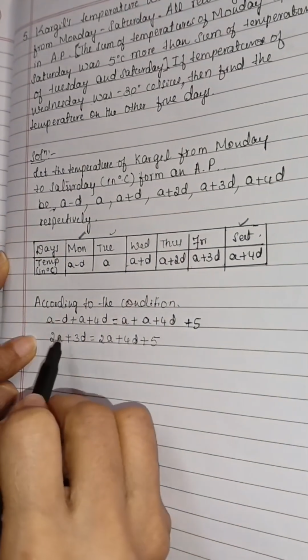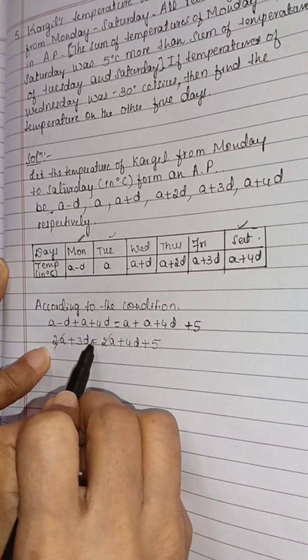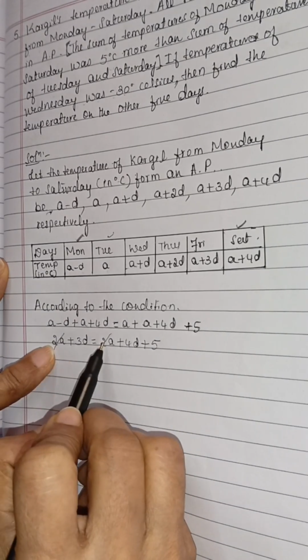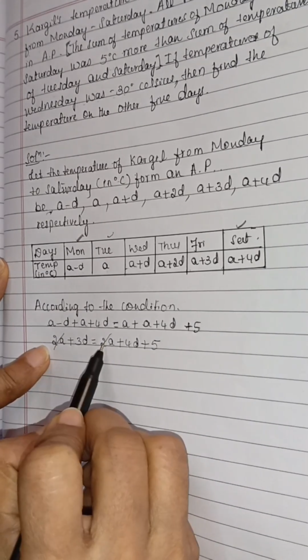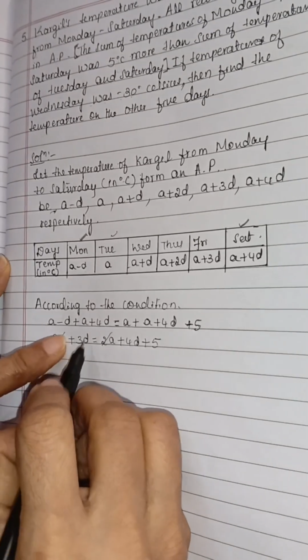Plus 2A and 2A get cancelled, because if you bring 2A to the left hand side, that will become minus. 2A minus 2A goes, and here 3D.